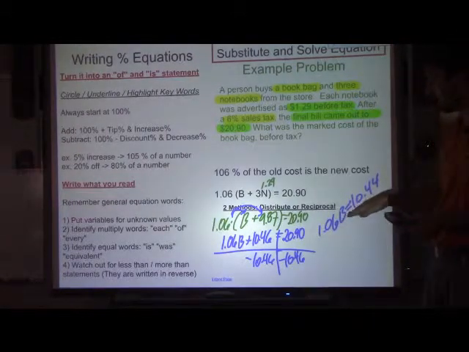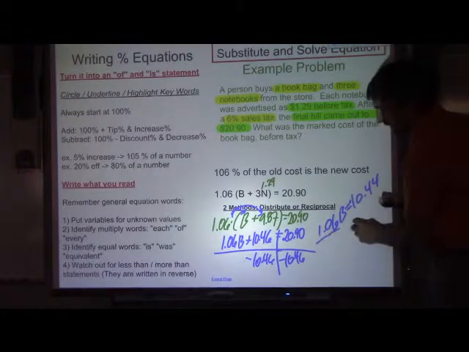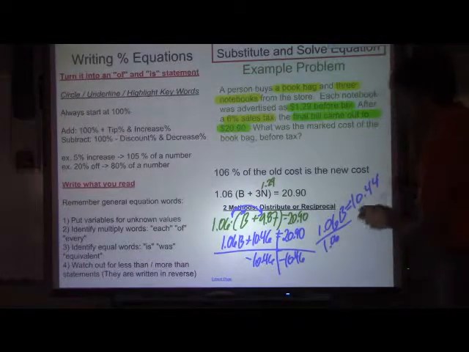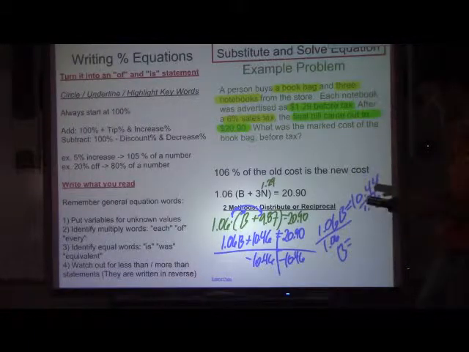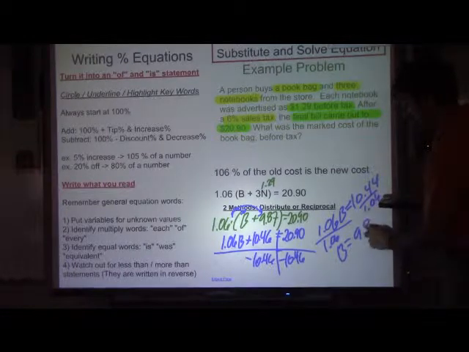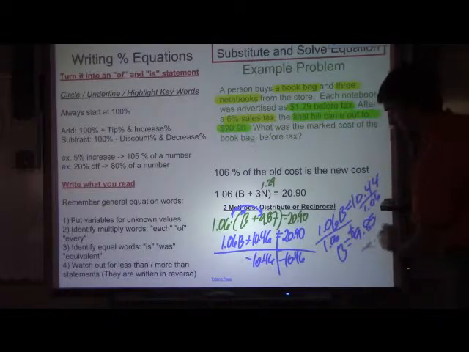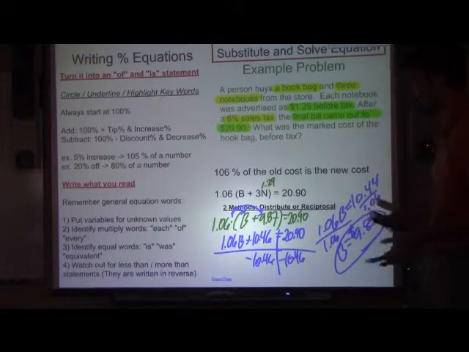So 1.06 times the price of the book bag equals $10.44. Then you divide by 1.06, divide by 1.06, and you get the price of the book bag is about $9.85. So that is the price of the book bag before tax.